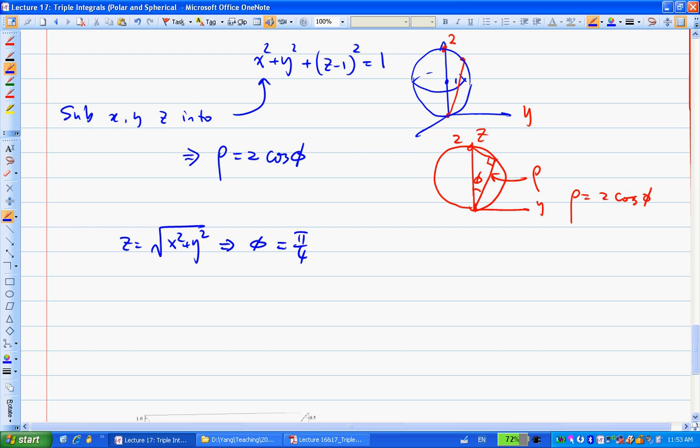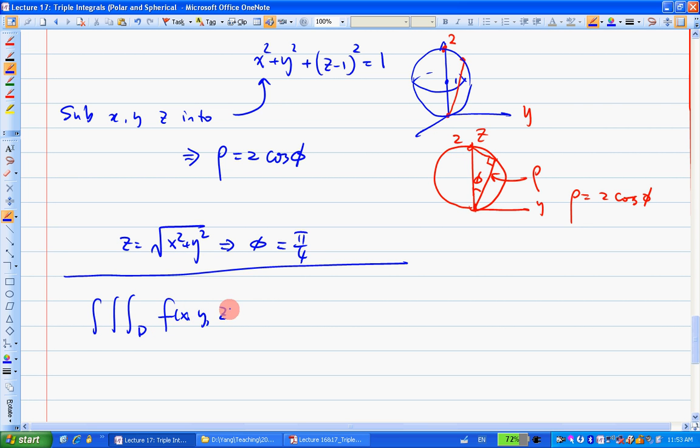Now we've solved this problem and established a connection between Cartesian coordinates and spherical coordinates. The next question is that we're going to do this triple integral. Your original triple integral is in x, y, z, with dx, dy, and dz.